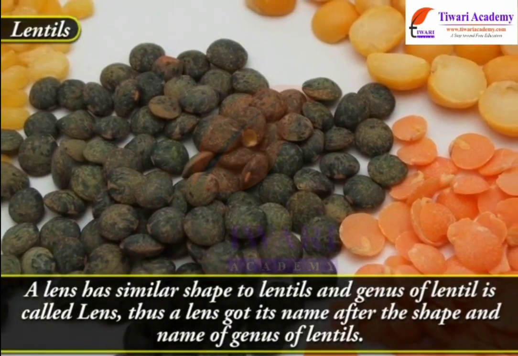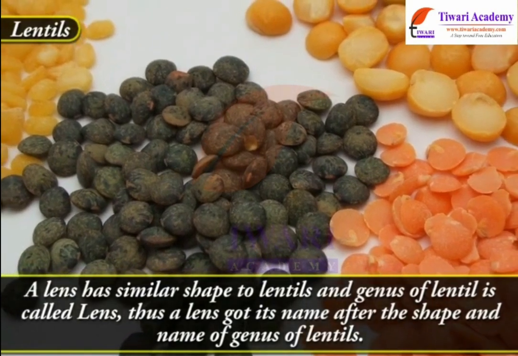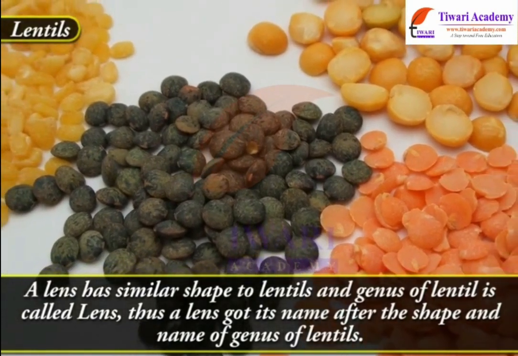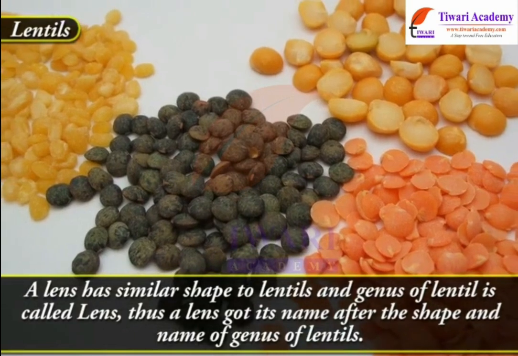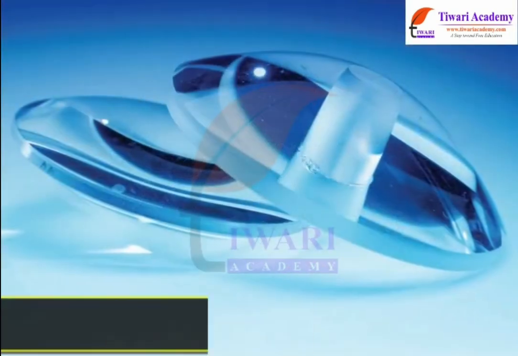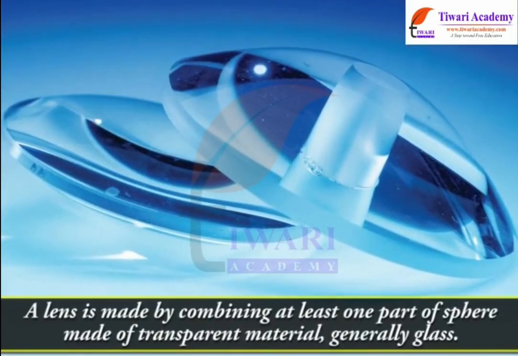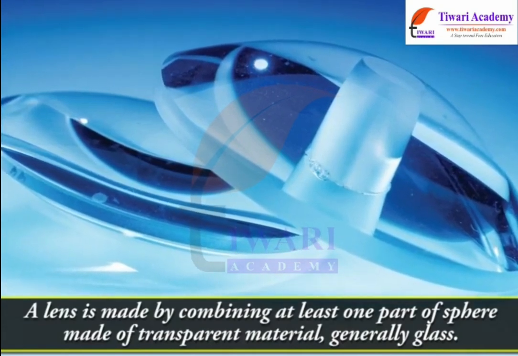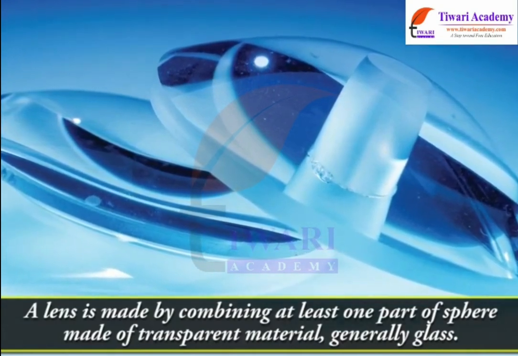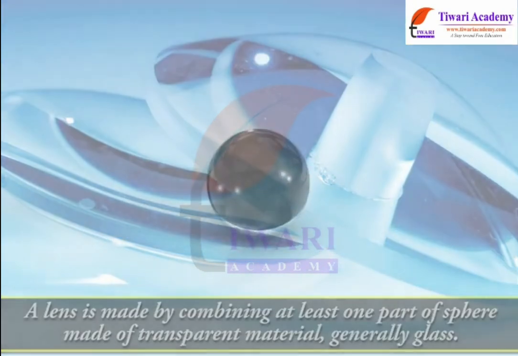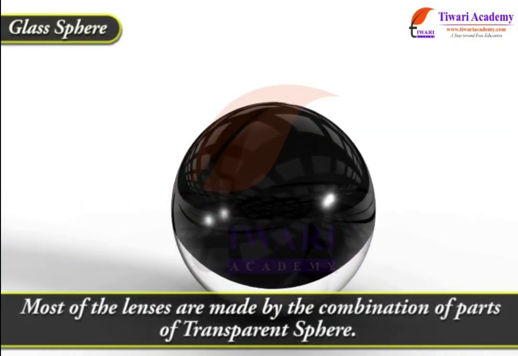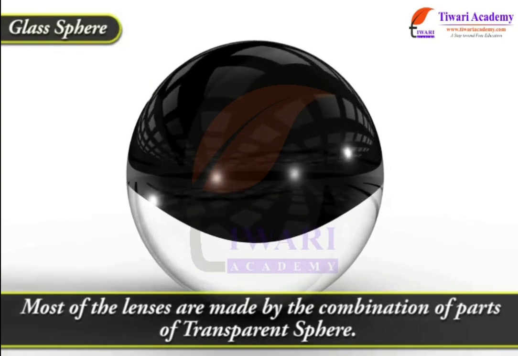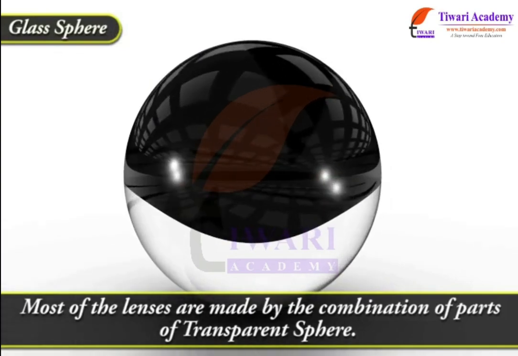Thus, a lens got its name after the shape and name of genus of lentils. A lens is made by combining at least one part of sphere made of transparent material, generally glass. Most of the lenses are made by the combination of parts of transparent sphere.